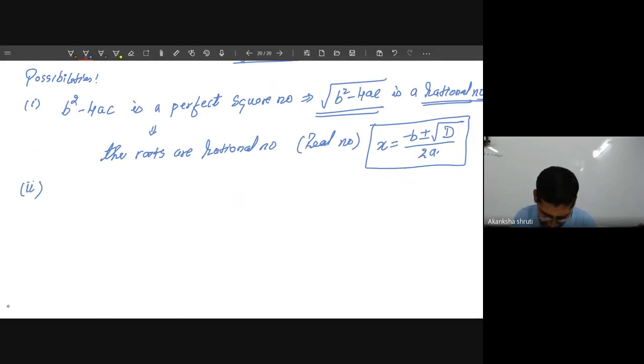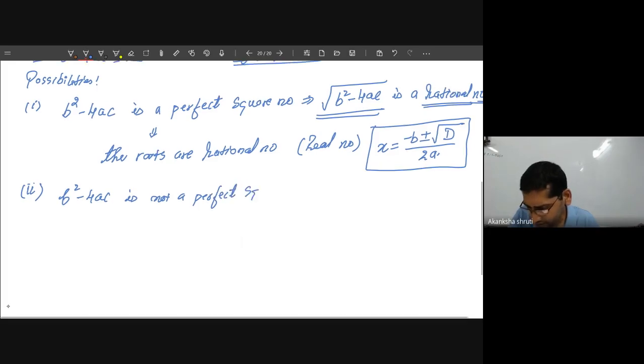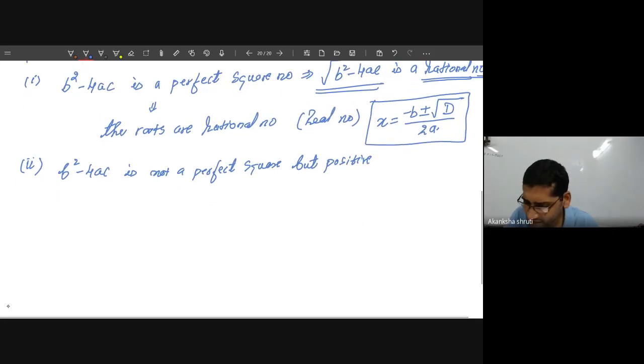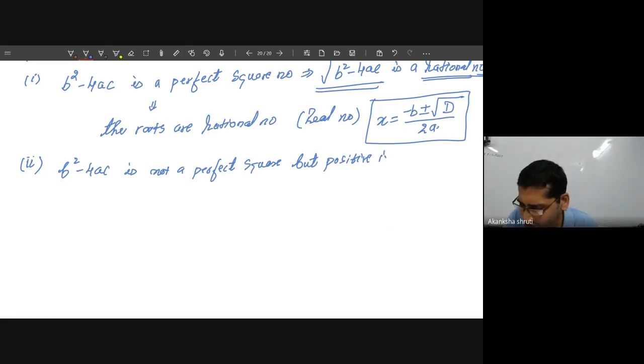Even it is possible to get integers also. The second case is if b square minus 4ac is not a perfect square but a positive number, a positive integer, maybe a fraction also.